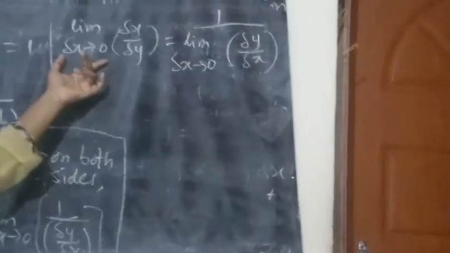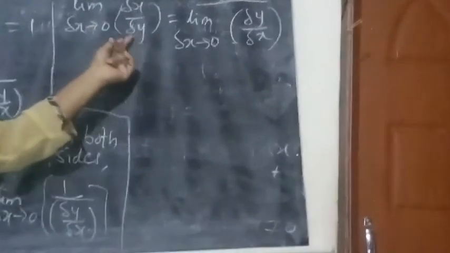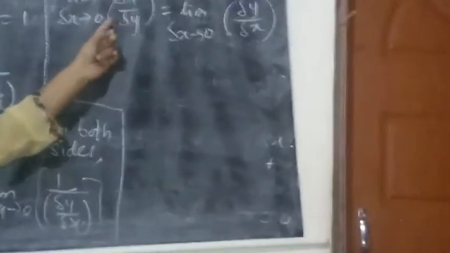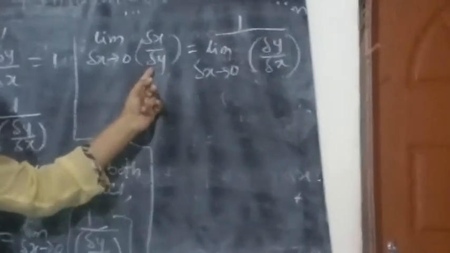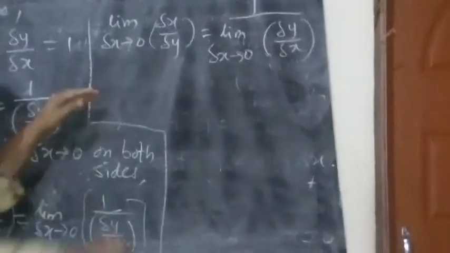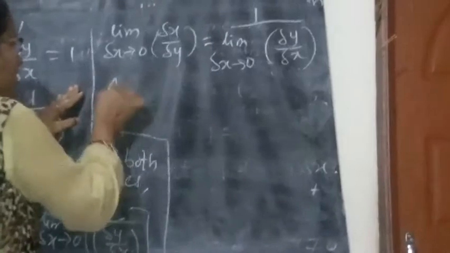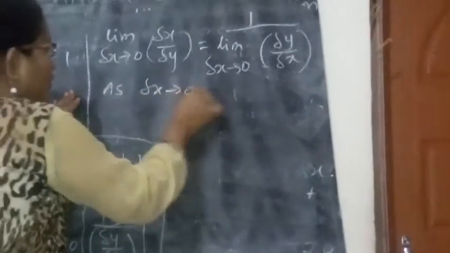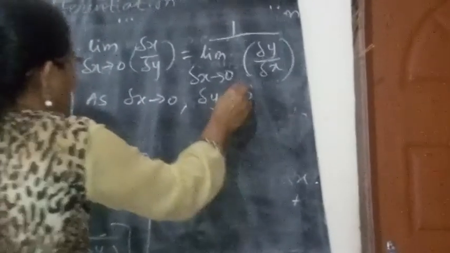Now see here, on the left hand side, x is a differentiable function in y, therefore delta x divided by delta y, and here we have to take the limit delta y tends to 0. Therefore as delta x tends to 0, delta y tends to 0.